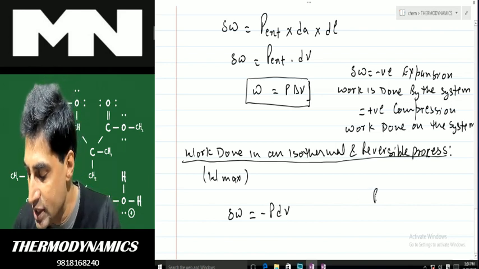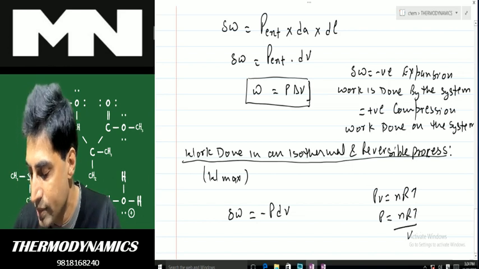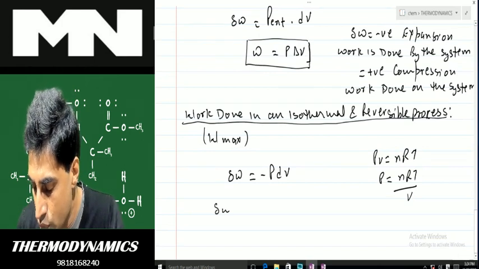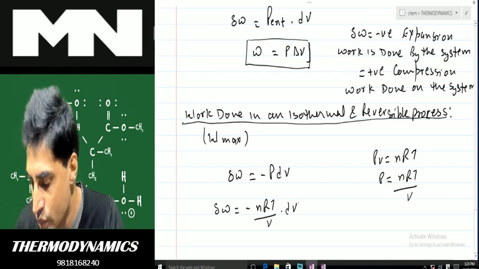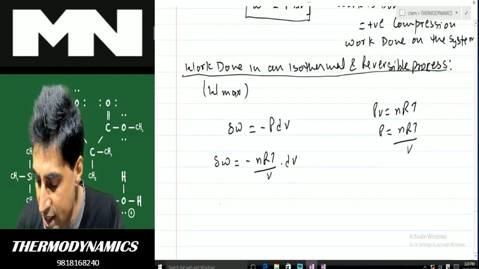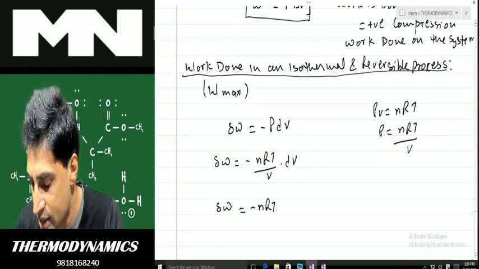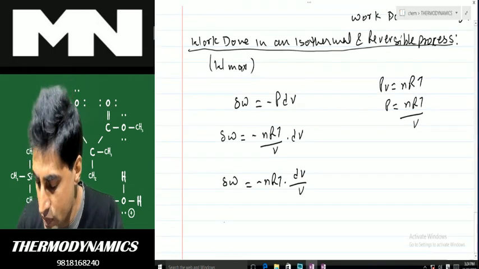You know very well that PV is equal to nRT. So P is equal to nRT by V. I am replacing P by this. So del W is equal to minus nRT by V into dV. So del W is equal to minus nRT dV by V. It is in differentiated form, so we'll integrate it.